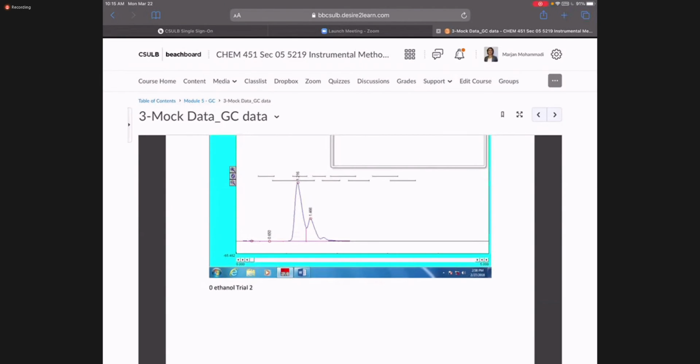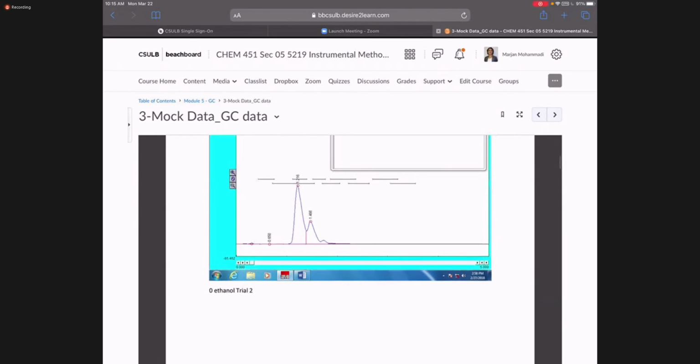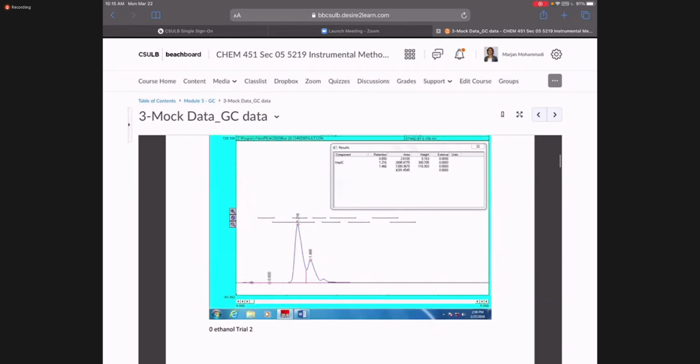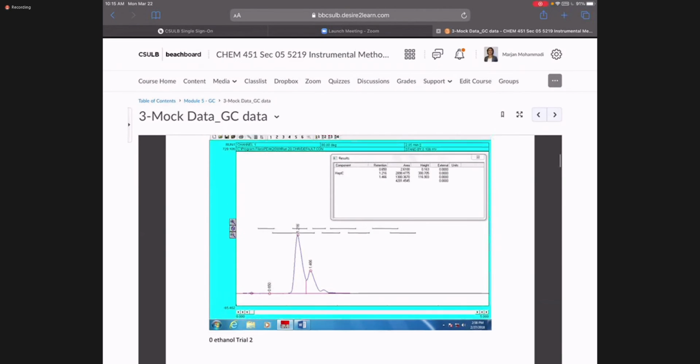So let's go back right here. Again, let's take a look. When you have pure hexane, how many peaks do you see there? We see two major peaks, and a small, teeny, tiny one on the right side. At retention, actually, right there, we are going to have retention 0.650, a very small one.